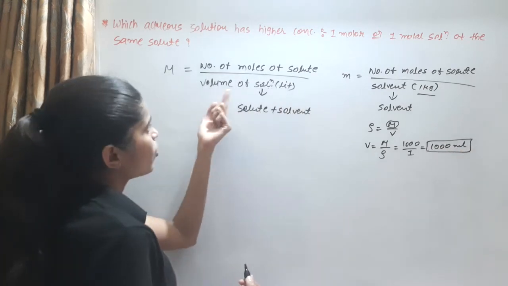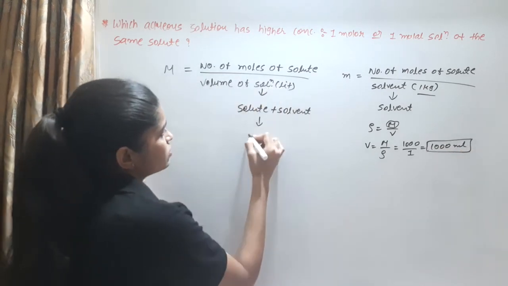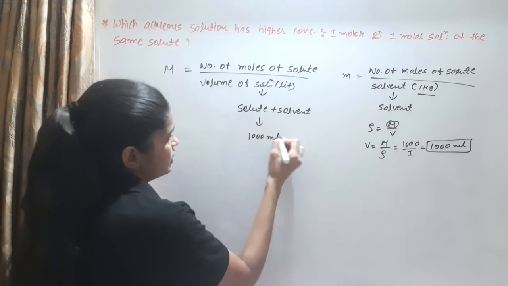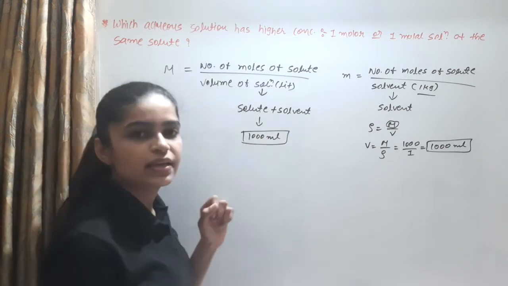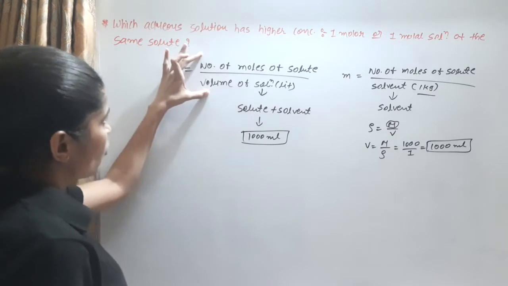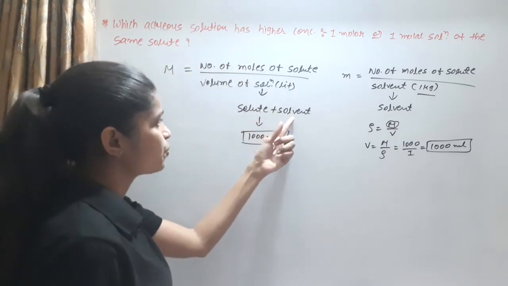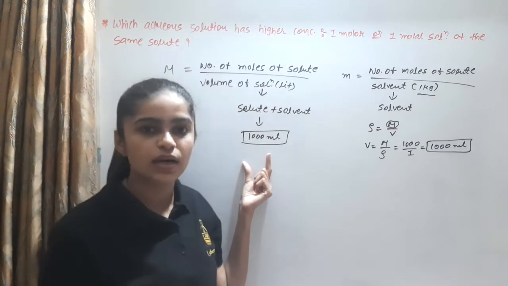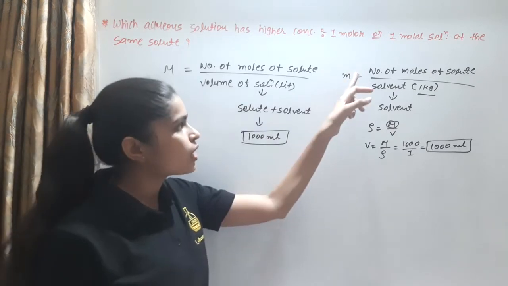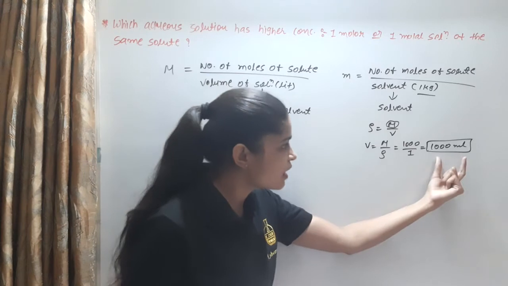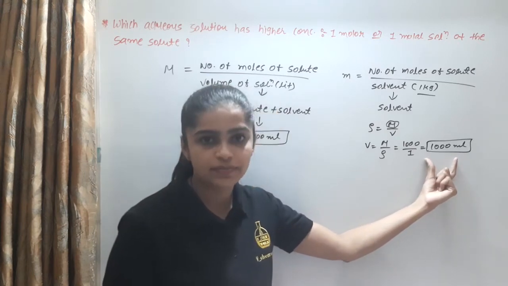In the same way, the volume of solution in liter is also 1000 ml. That means in molarity, the volume of solution, total volume of solute plus solvent, is equal to 1000 ml. But in molality, only the solvent volume is 1000 ml.